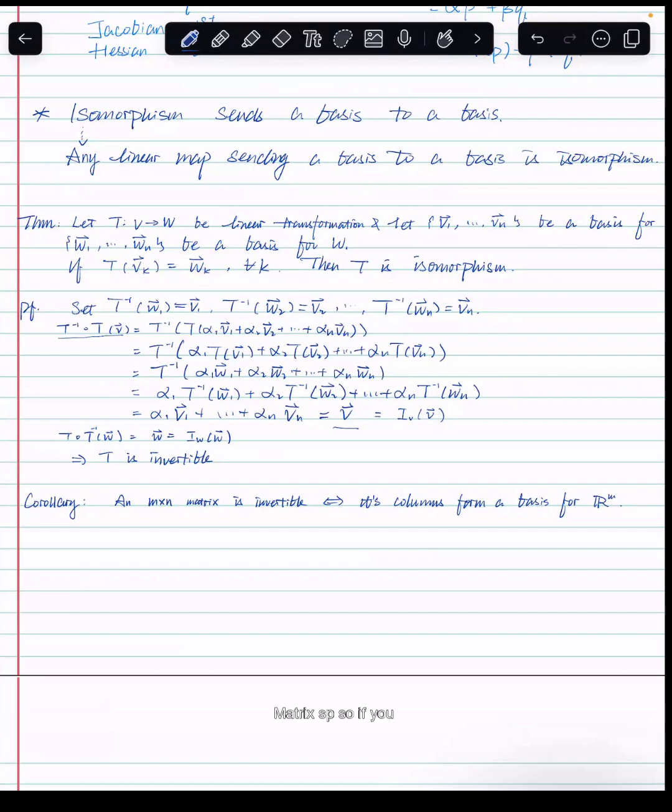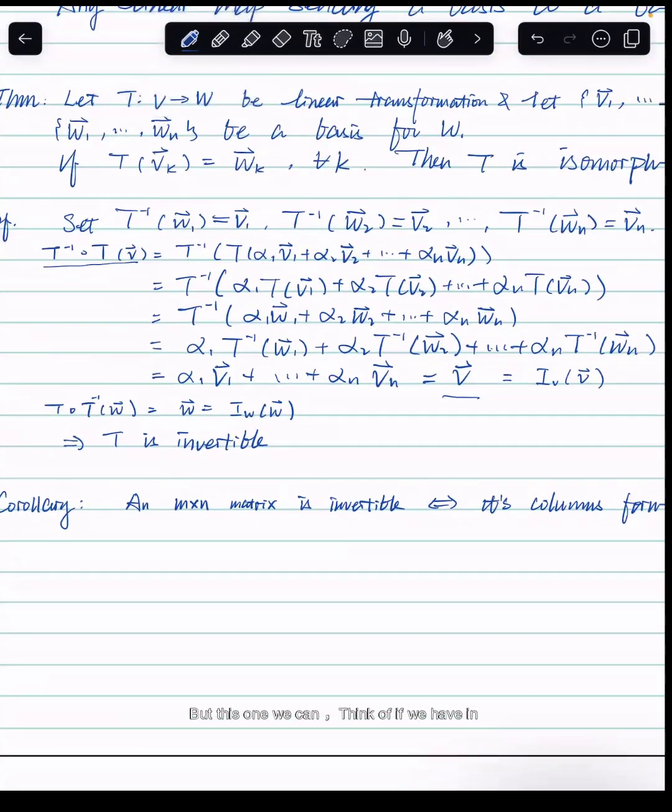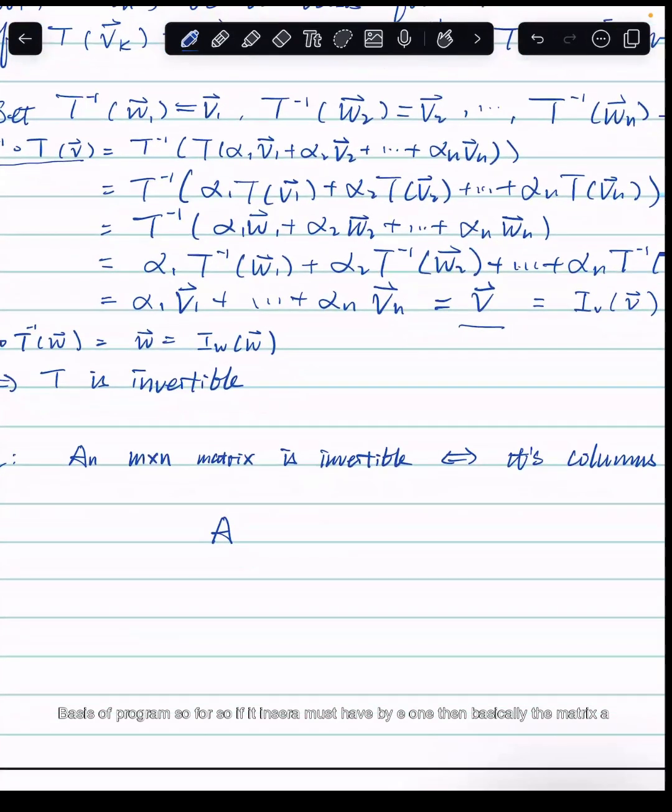So we can think of this if we have a matrix A, and we let A multiply any standard basis vector of Rn.